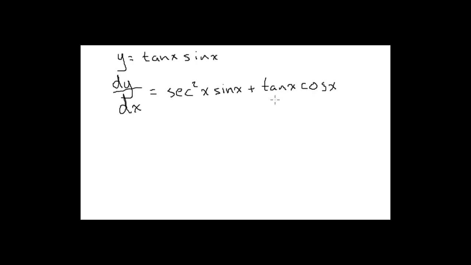And you might say, okay, I can leave it like that, but now notice tan x, if I write it, well, even this too, right? Sec squared is 1 over cos squared times sine x plus sine x over cos x times cos x.